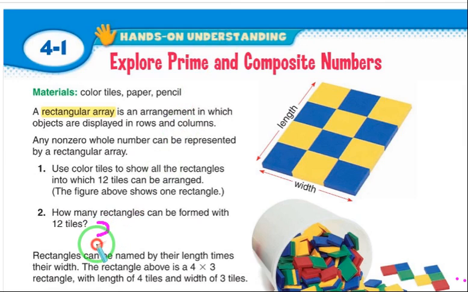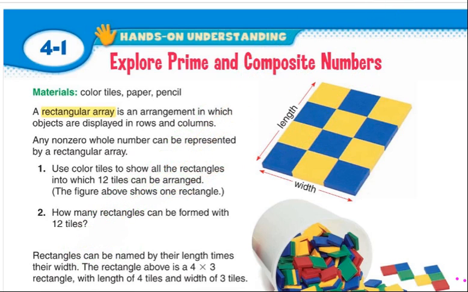So I will write 3 rectangles. 3, not a question mark, not letter B. So let's delete this and just write 3. Okay, so we can represent number 12 in 3 different ways.